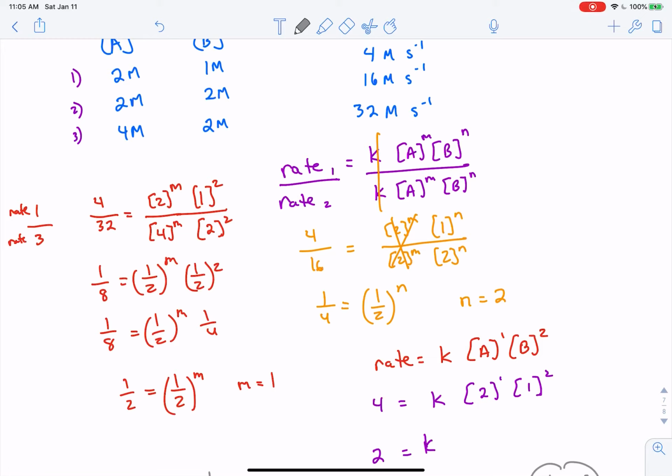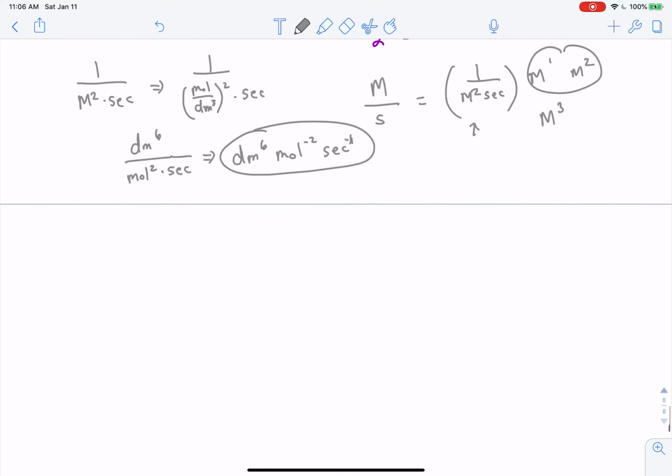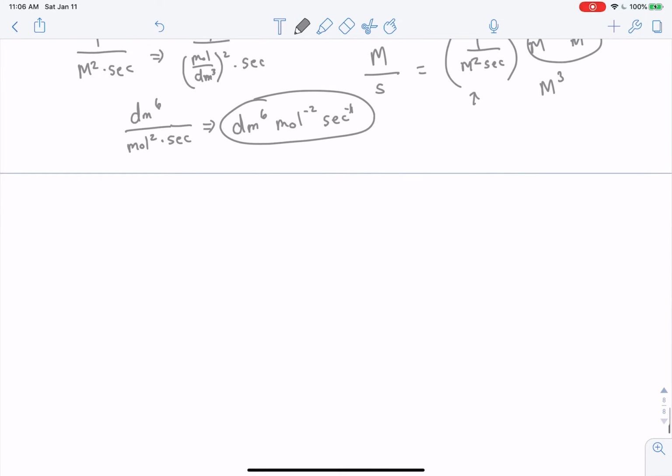Now, here's the thing about the order of reactions, and this is where it ties back to mechanisms.